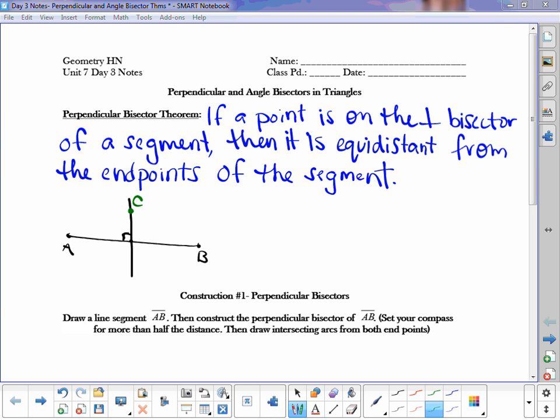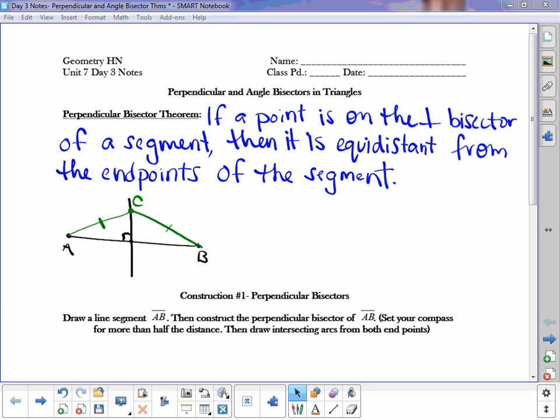Call that point C. According to this theorem, as long as it lies on that perpendicular bisector, then that distance from C to the endpoints is going to be the same. Wherever you put it, it will be the same distance away from the endpoints. Now let's talk about why this is true.